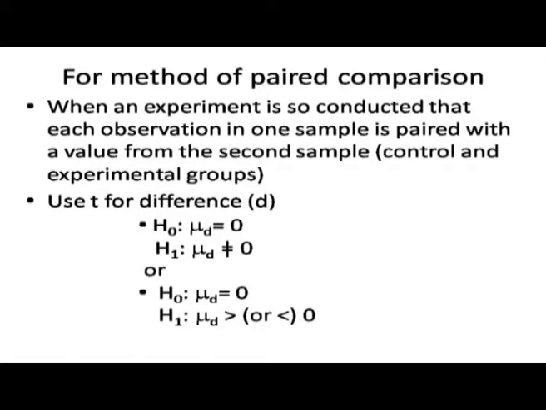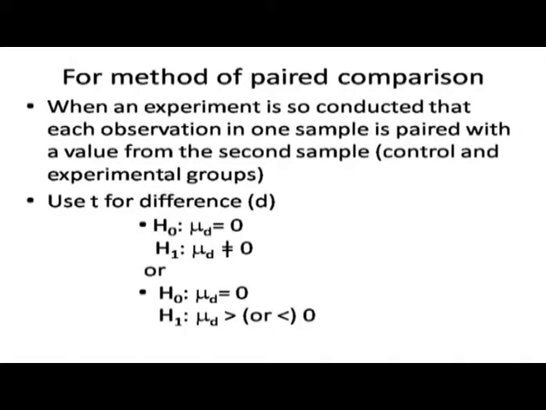The null hypothesis would be that the experiment does not produce any difference. That means, there is no difference in the mean in the experimental group and in the control group, or before and after type. The alternative hypothesis again can be of two types. One, that the difference is not 0, that there is a certain difference, and this difference can be negative or positive.